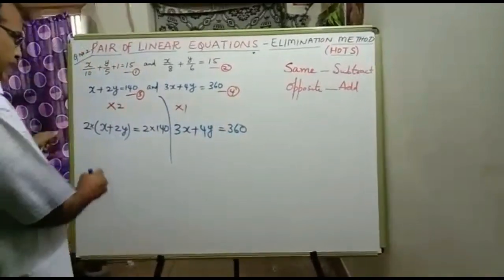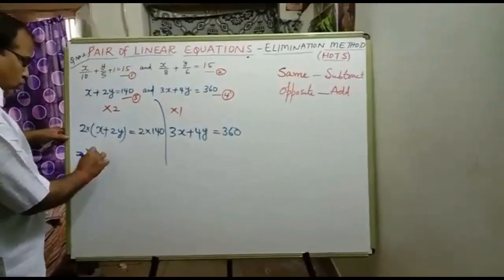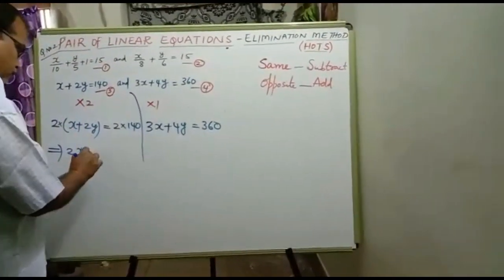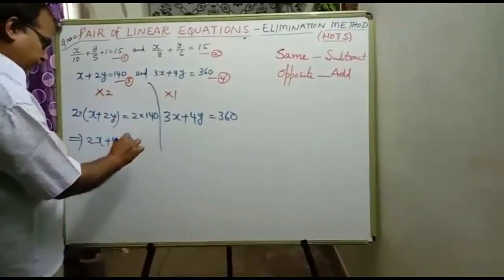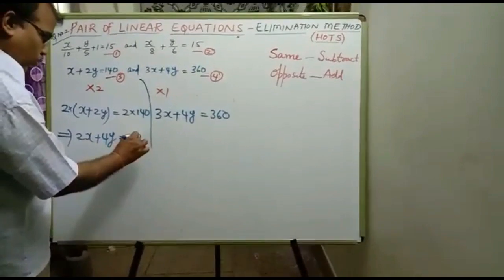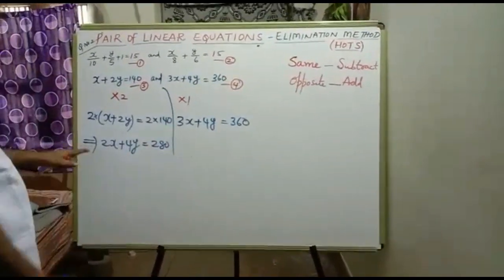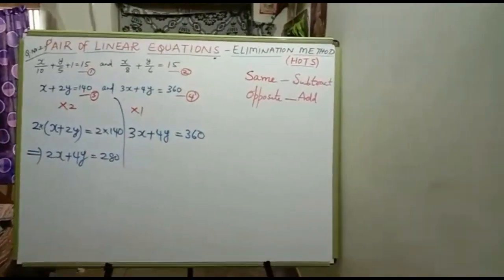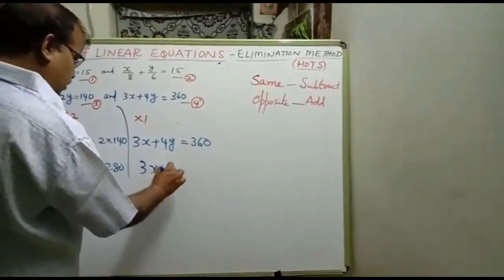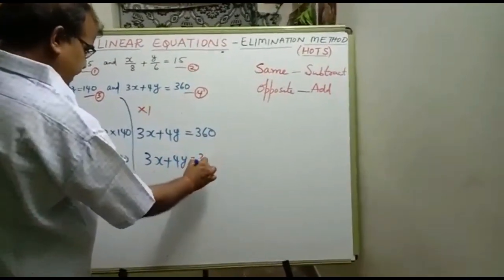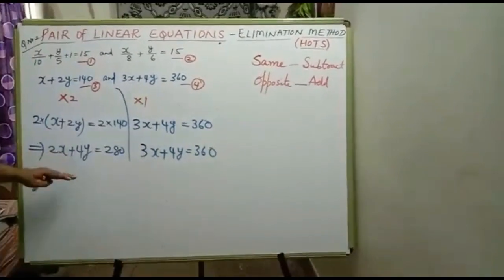Now I simplify: 2x plus 4y is equal to 280. Here 3x plus 4y is equal to 360.